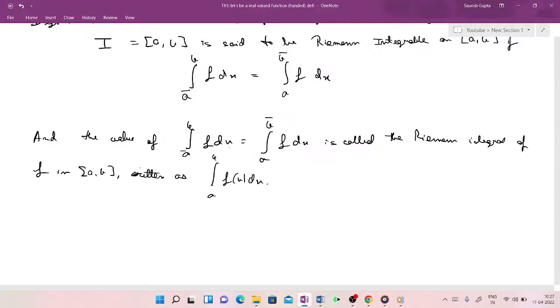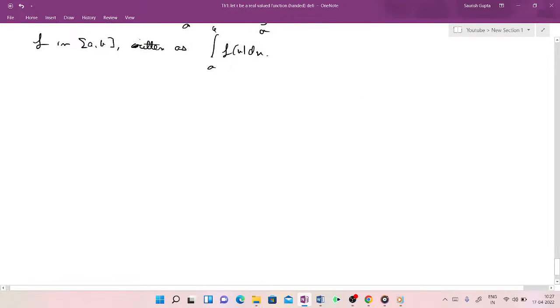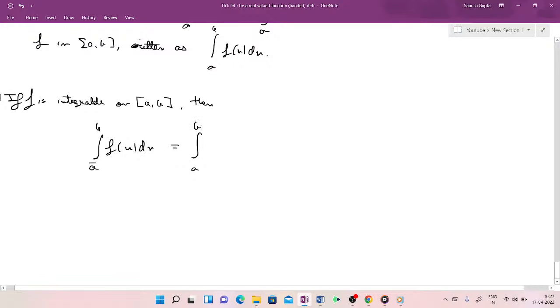So basically, if f is integrable on a, b, then the lower Riemann integral of the function equals the upper Riemann integral of the function, which equals the definite integral of the function within the limits a, b.